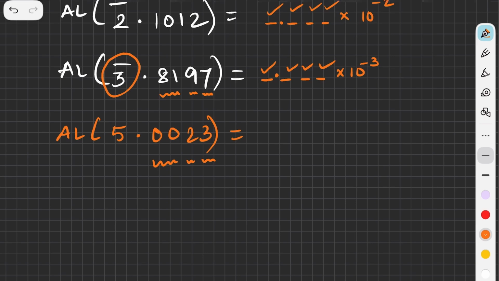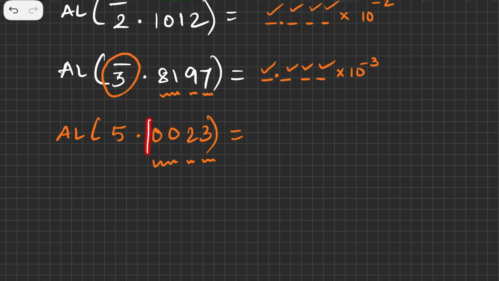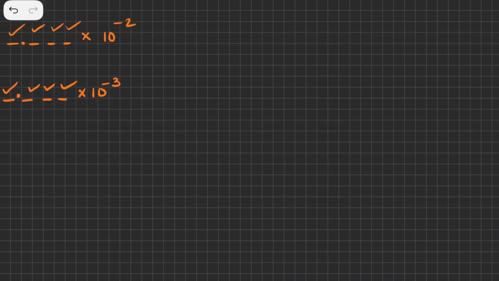Many students actually find 23 and 00, or maybe they find 50 and 03, 50 and 02, but always begin from after the decimal. So this is the row number, this is the column number, and this is the mean difference. You will get that number 0023 from the table.